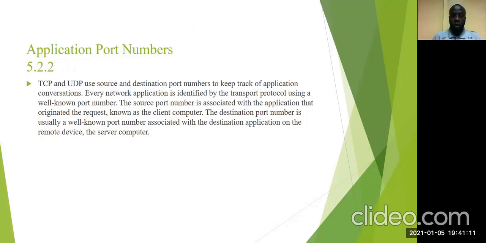The source port number is associated with the application that originated the request, known as the client computer. The destination port number usually is a well-known port number associated with the destination application on the remote device, the server computer. Port numbers are very important in networking. In every communication, there should be a source and destination port.